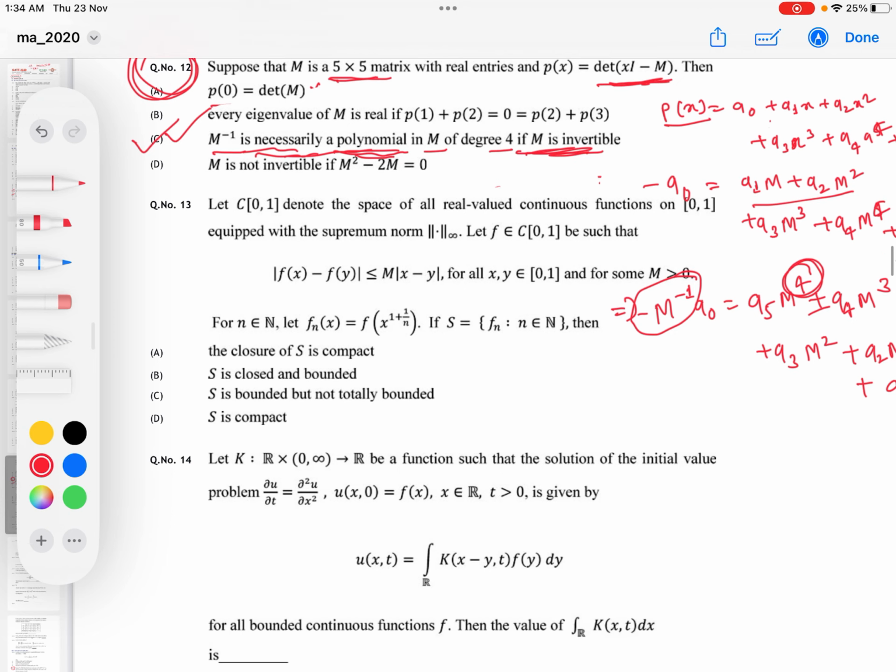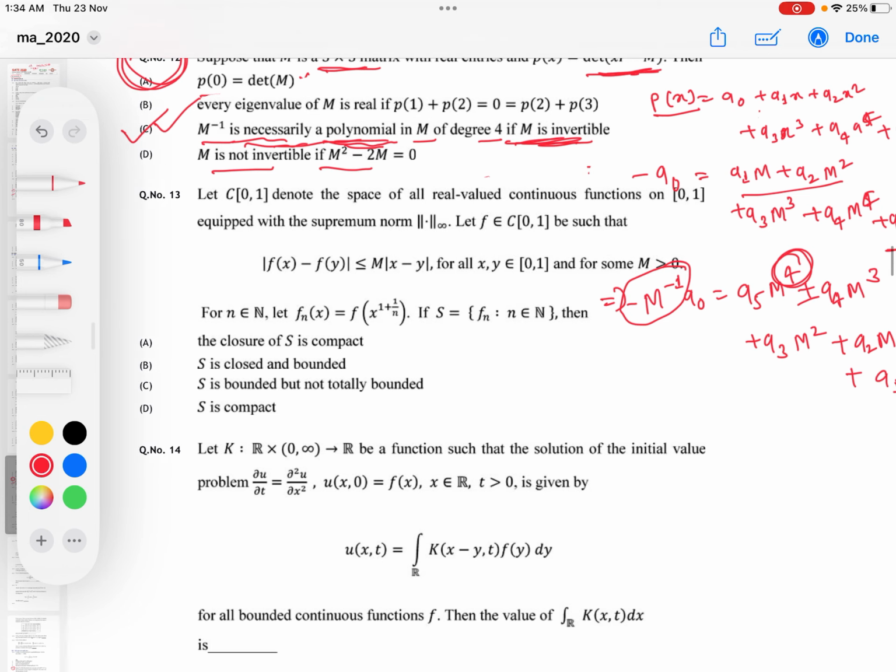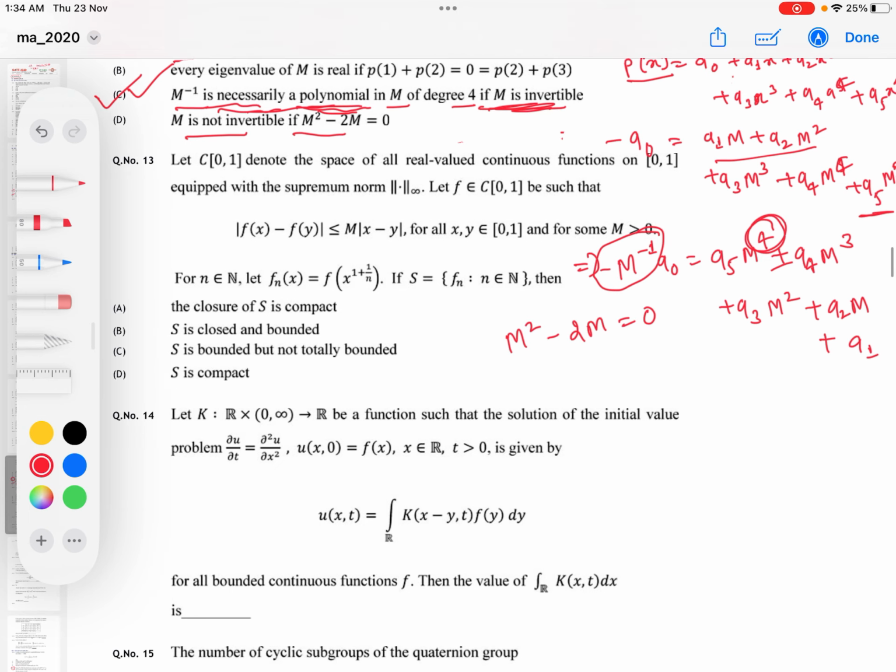Now let's look at option D. M is not invertible if M square minus 2M is equal to 0. So M square minus 2M is equal to 0, right? From here we can write M into M minus 2I is equal to 0. So from here we can write M minus 2I is equal to 0, so M is equal to 2 times the identity matrix, right?